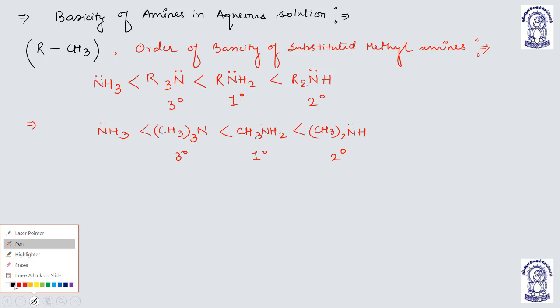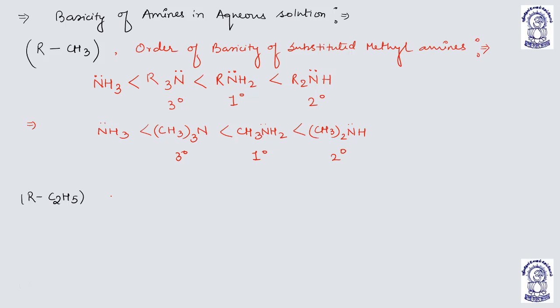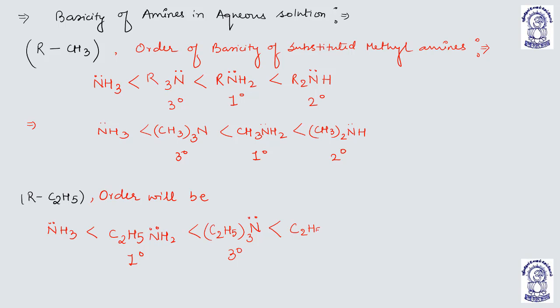If we take R as ethyl group, then the order will be ammonia, then primary amine, then tertiary amine, and then secondary amine.